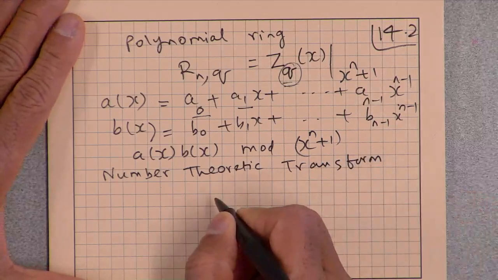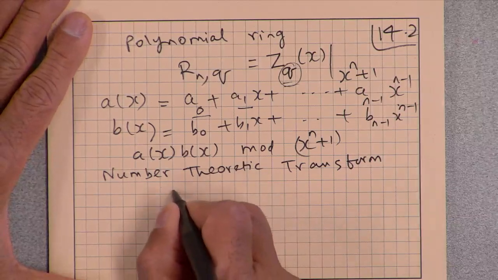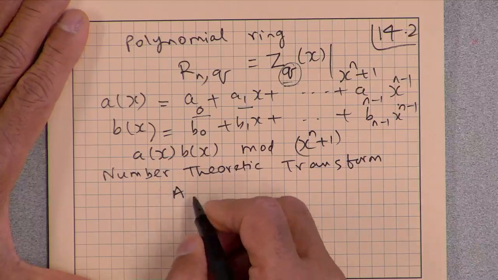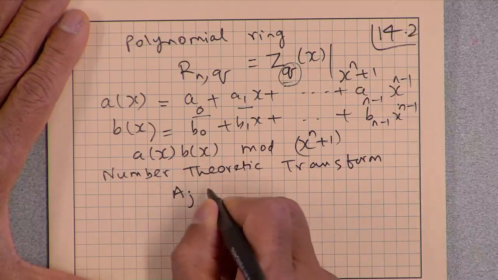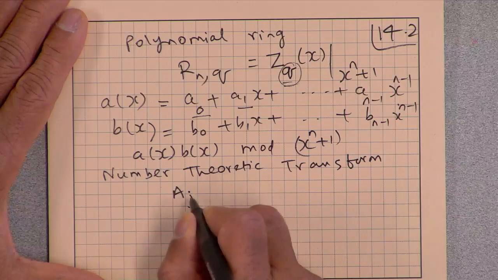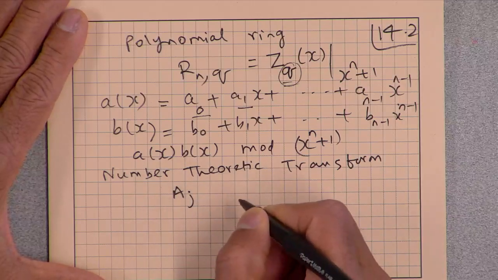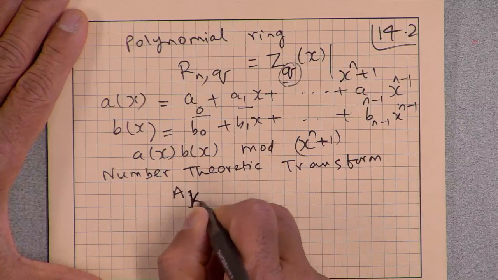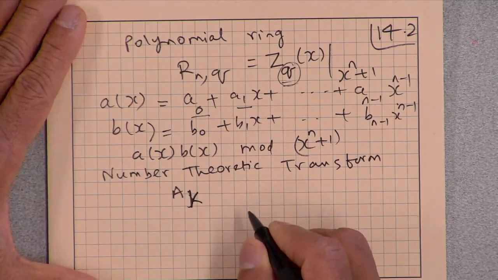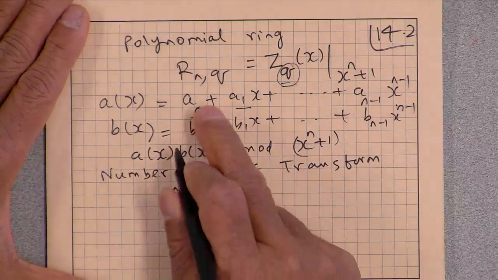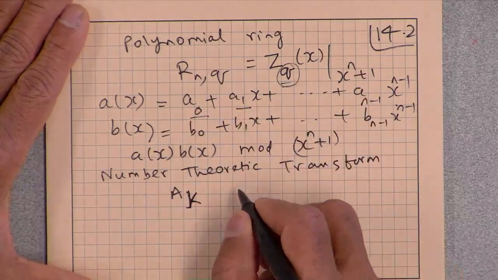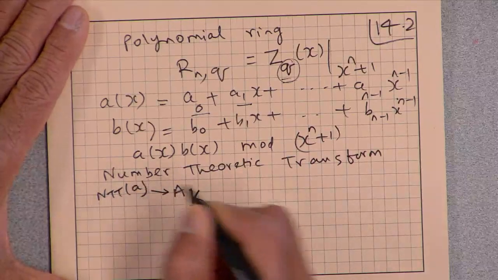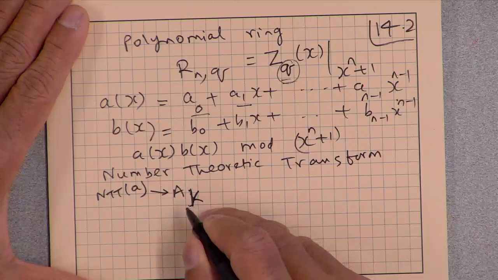I can define capital A of K, the NTT of that sequence A0 through A(n-1), so this is the NTT of that polynomial A, and this is the kth coefficient.